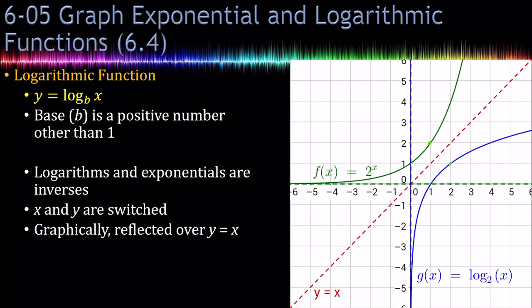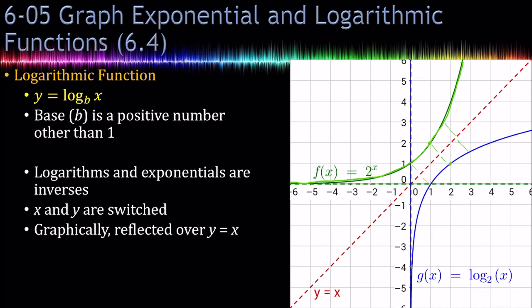So the line here, the graph there, that's the exponential. When reflected over the dotted line, you get the blue one, which is the logarithm. So every point is the same distance on the other side of this dotted line.